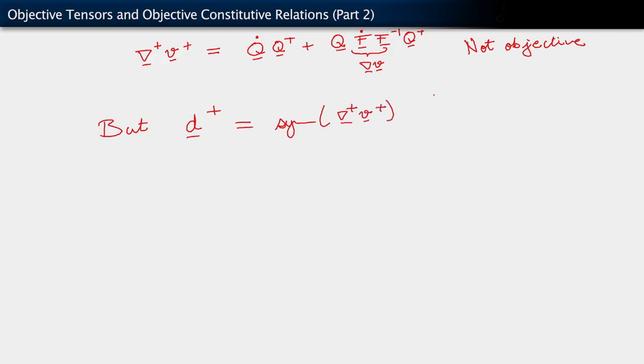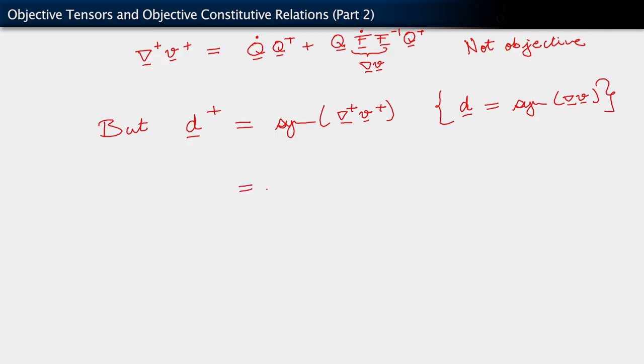All of this came from our definition of D being the rate of deformation tensor, which is the symmetric part of the spatial velocity gradient tensor. So if we compute the symmetric part of the transformed spatial velocity gradient tensor, here's what we get.